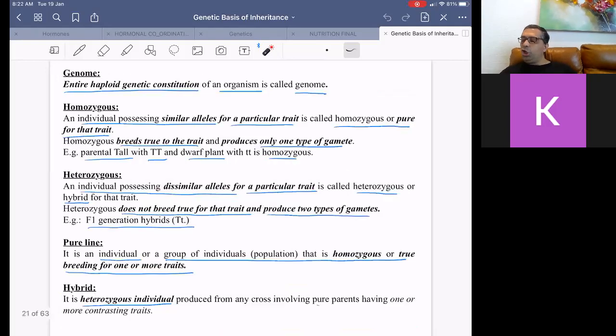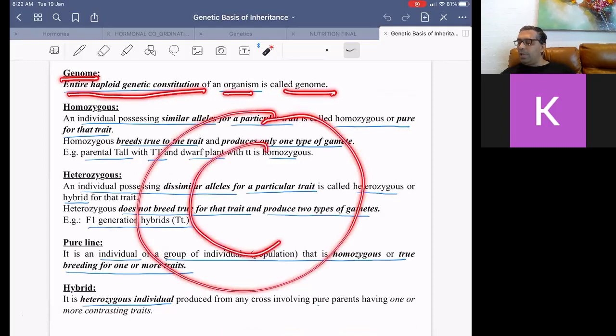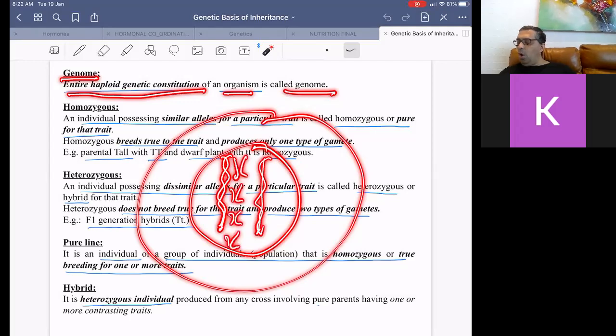And then we have genome. The entire haploid genetic constitution of an organism is called genome. So a cell has a nucleus, and inside the nucleus there is maternal DNA and paternal DNA. They form 23 maternal chromosomes, as we saw in cell division, and 23 paternal chromosomes.